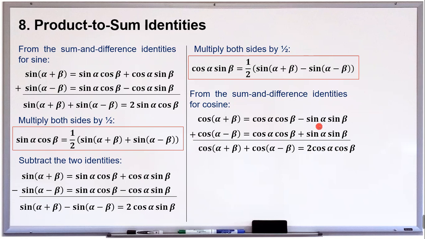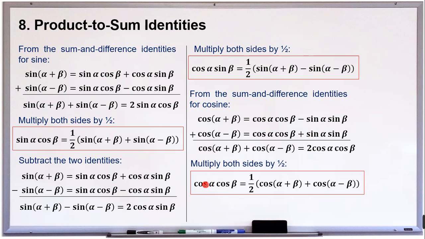But on the second term, since they have opposite signs, both of them will be cancelled out and will become 0. Next, multiply both sides by 1/2. We will now have our third product to sum identity, that is cosine alpha cosine beta is equal to this expression.